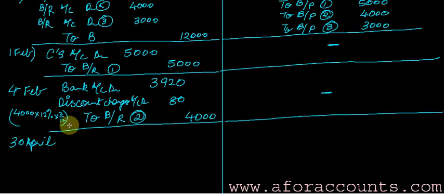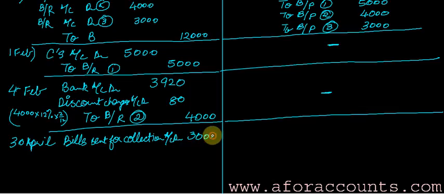So bills sent for collection account debit, it is of 3,000, to bills receivable.